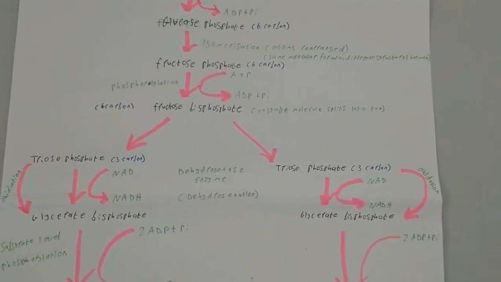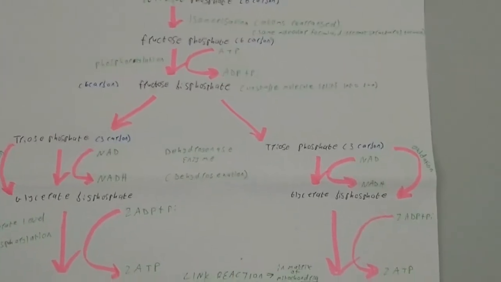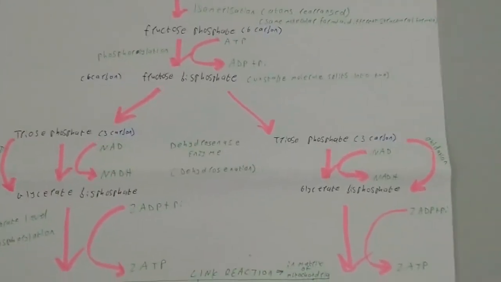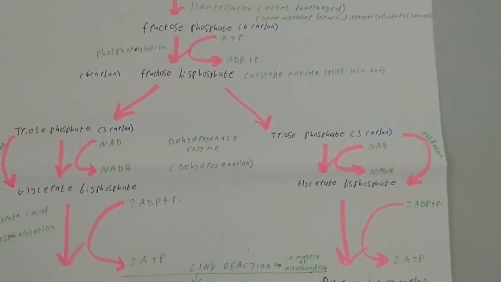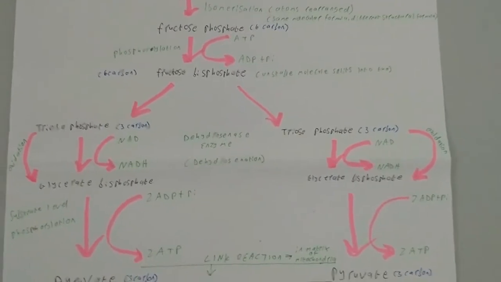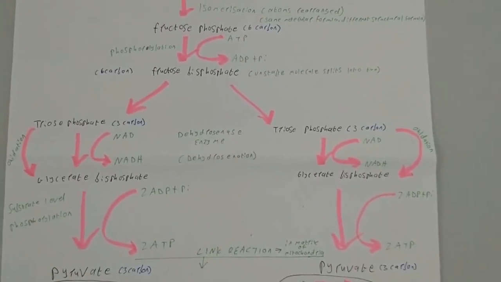So for one molecule of glucose, you eventually get 2 molecules of triose phosphate, where oxidation will occur through the dehydrogenase enzyme in the process of dehydrogenation, where NAD will help and take on the hydrogen, which forms NADH. And this means that triose phosphate then becomes glycerate biphosphate.